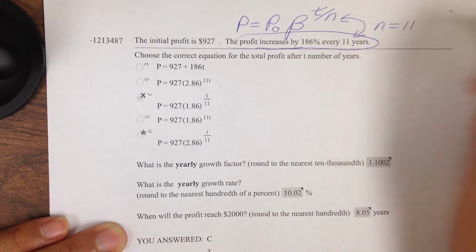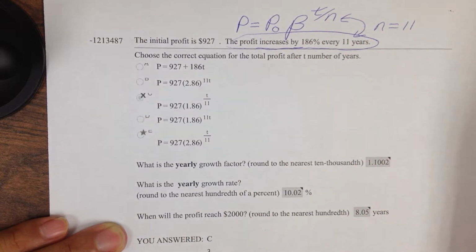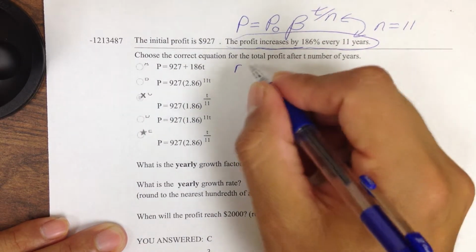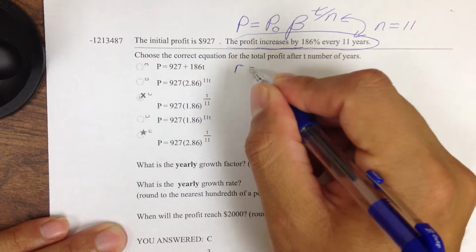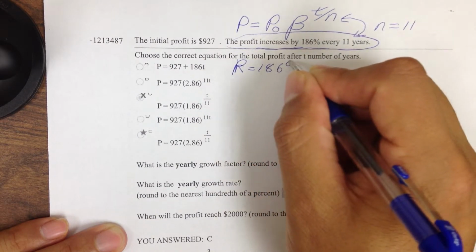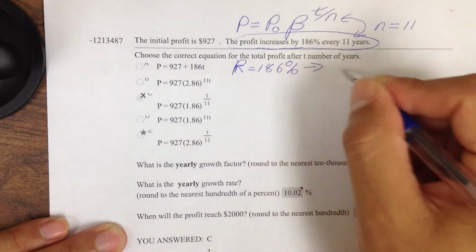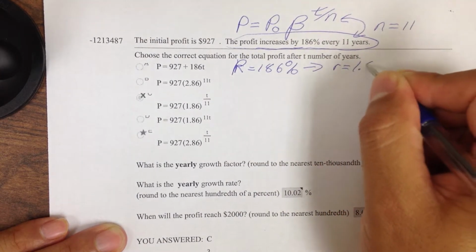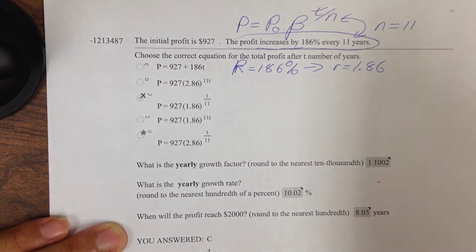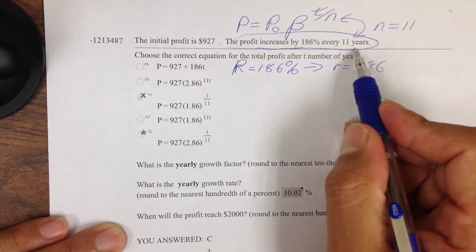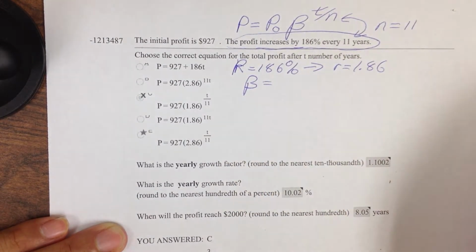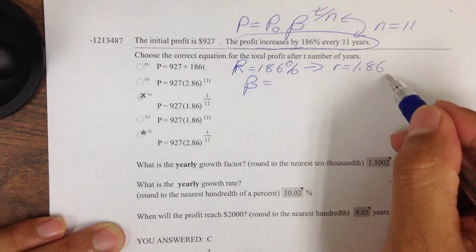So n is 11. Now, we're given a rate, a little r, big R, of 186%, giving us a little r of 1.86. This is not my yearly growth rate. This is the growth rate every 11 years. So beta, since I'm growing, is bigger than 1 by 1.86.